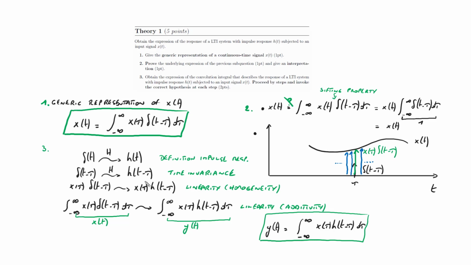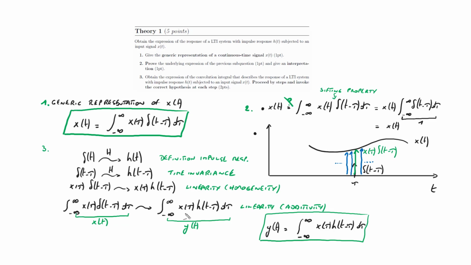Well, if I start adding lots of these signals for different values of tau, and this amounts to integrating over tau, by linearity, and more precisely the additivity property, you'll have something similar at the output. So you'll find this expression here integrated over tau. We have just shown here in point 1 that this is really x of t.